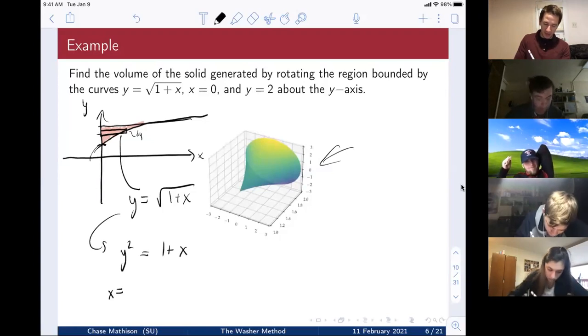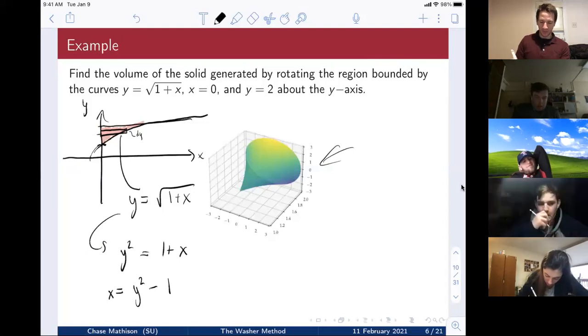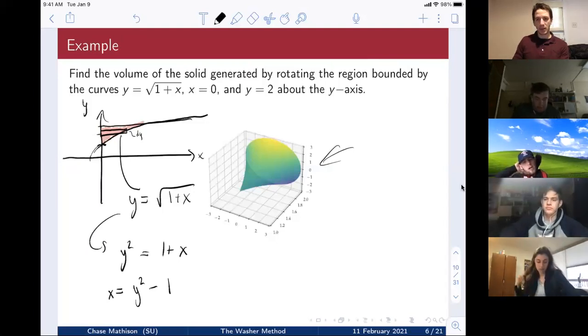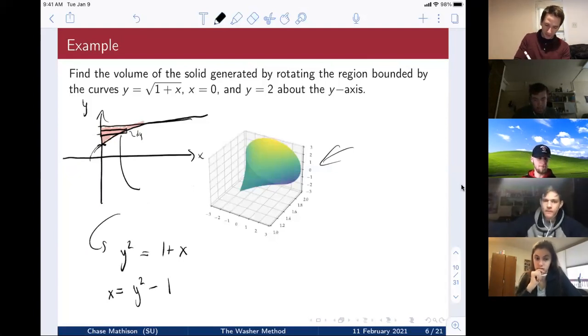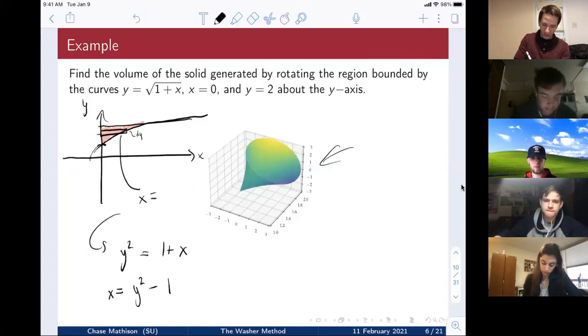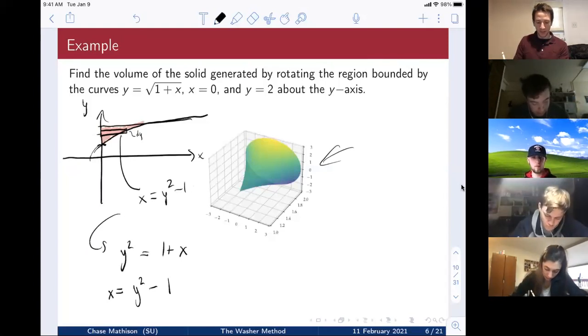I have x is equal to y squared minus 1. Any questions on that? So really, we should rewrite this as x equals y squared minus 1.